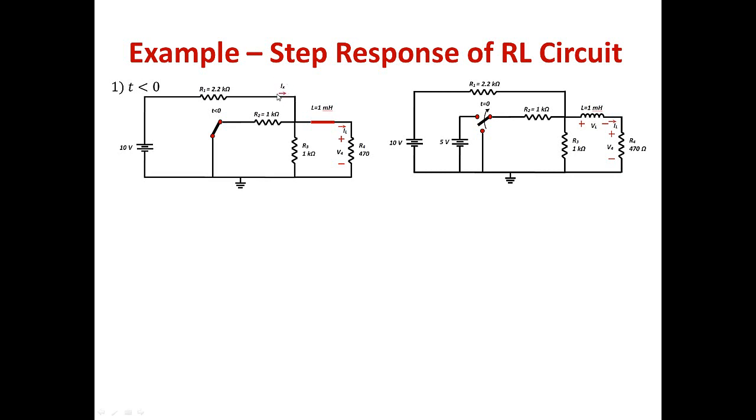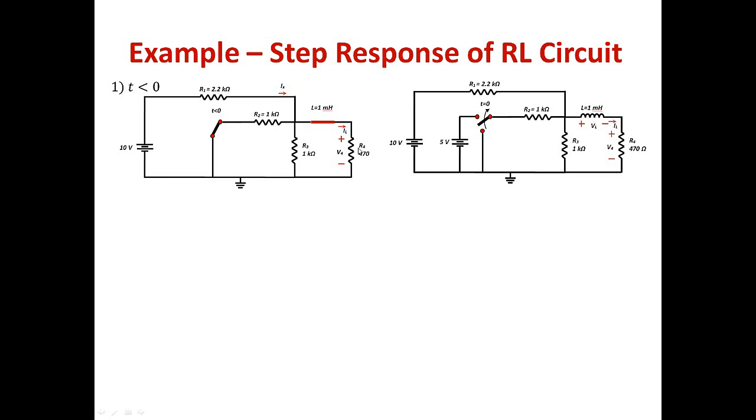And once I solve for Ix, I will be able to solve for IL using the current divider. So now I can say that Ix will equal the 10 volts over R equivalent. If you look carefully here, you can see that R2 is in parallel with R3, which is in parallel with R4.